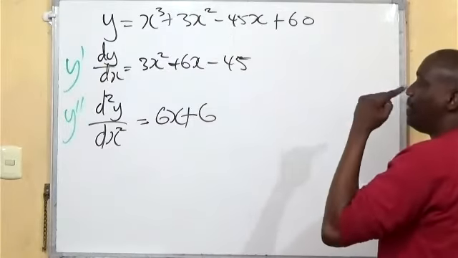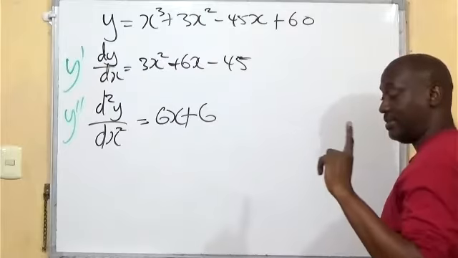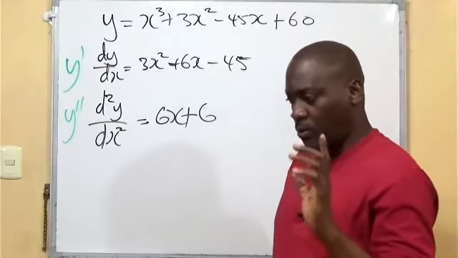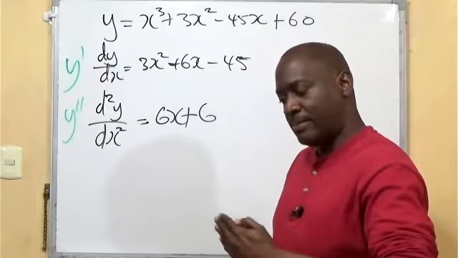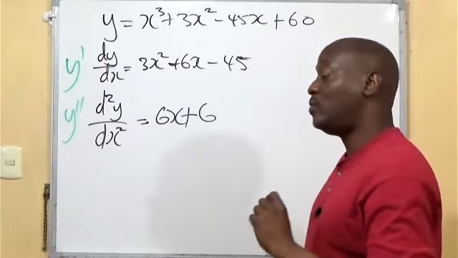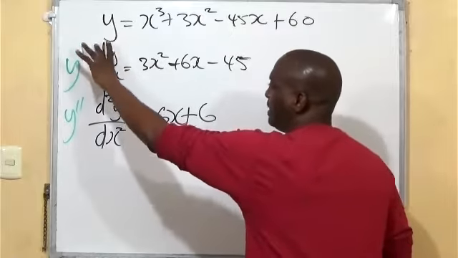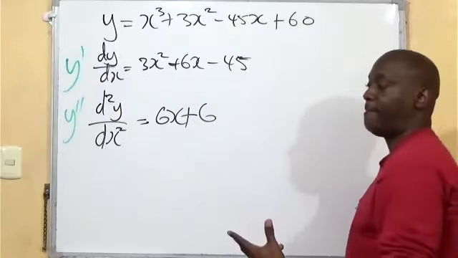So when we want to locate the turning points, listen carefully to what I'm saying. Hopefully, the way in which I'm breaking it down will help you to remember it. When we want to locate the turning points, we use dy dx, the first derivative.